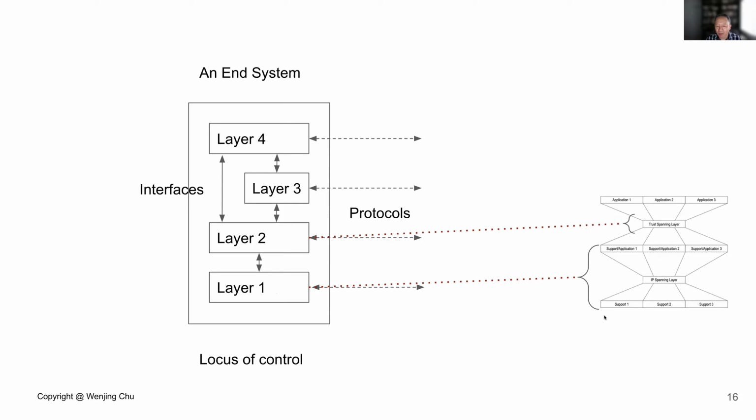You can think of whatever communication services are available in the internet as layer 1, and layer 2 is where the trust spanning layer is going to be, and 3 and 4 are higher layers. So 3 is more of component trust tasks, reusable things, similar to TCP and UDP, and layer 4 are truly applications.